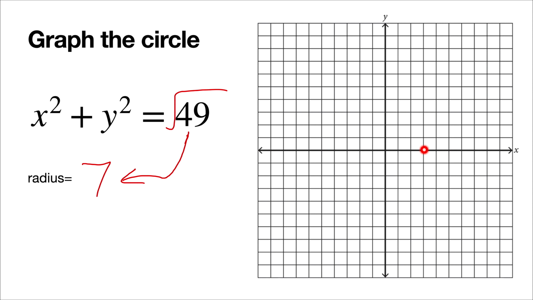So 1, 2, 3, 4, 5, 6, 7, and the same thing in each direction. And sure enough, 7. There we are, and let's draw it out. That's the circle.